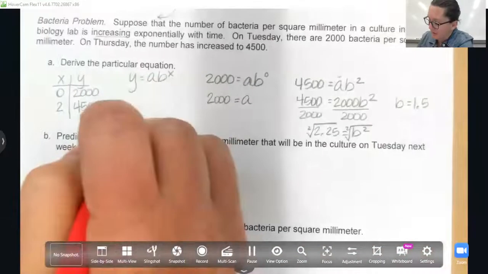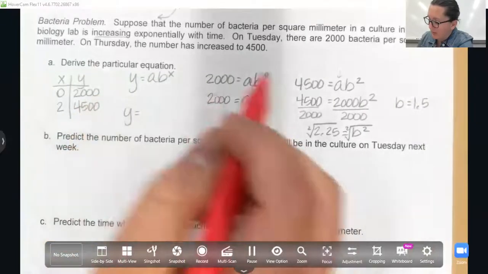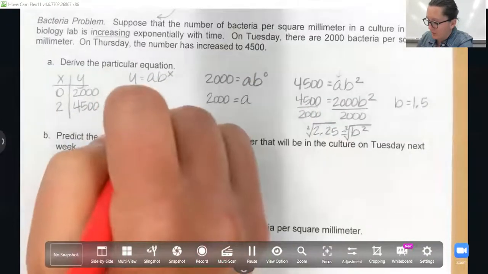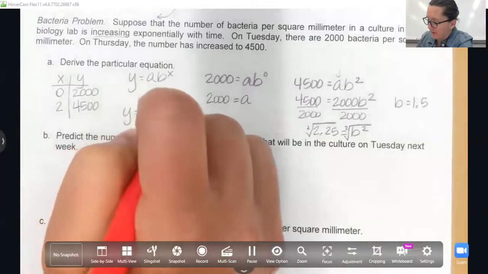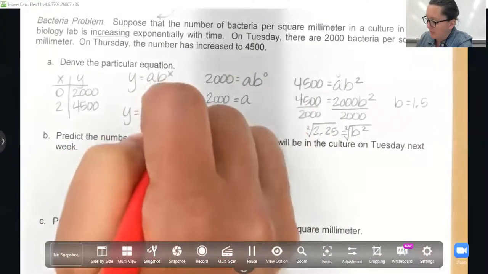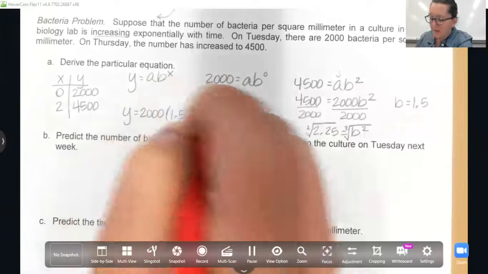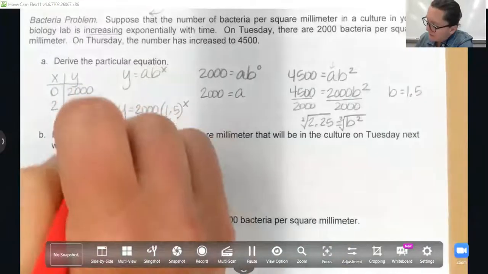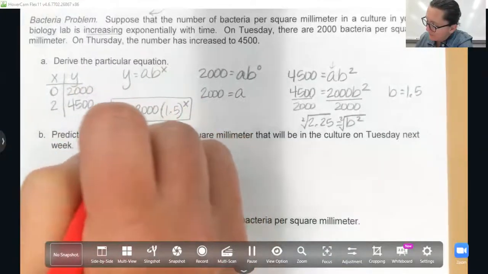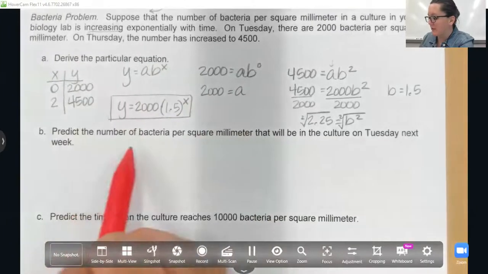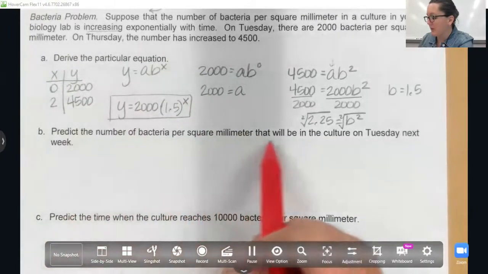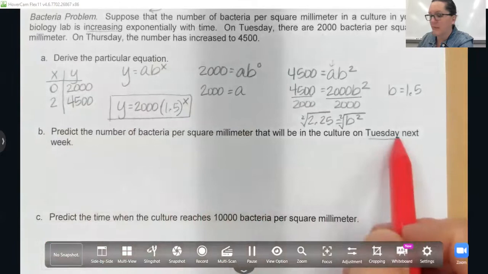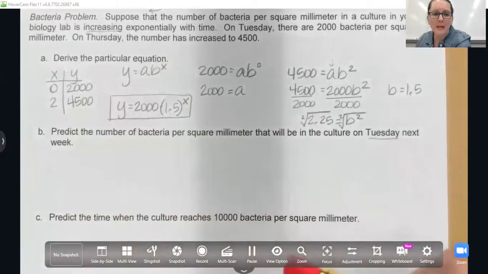So my equation is y equals my initial value, which is 2,000, plus or times the growth rate, which is 50%, and then x is time. All right, so it says predict the number of bacteria per square millimeter that will be in the culture Tuesday of next week. So how many days is that?